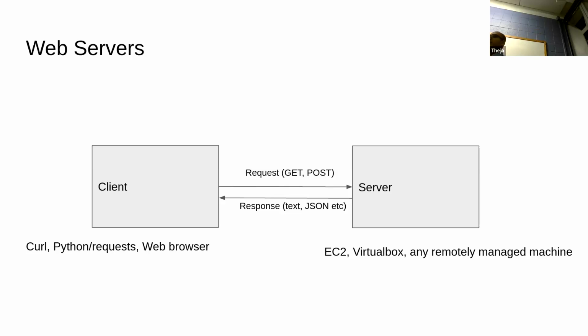And servers can be remotely managed physical machines, virtual machines, those containers that we were talking about, or those serverless services. It could be any of those, but let's say there is a machine somewhere that's continuously running the program.